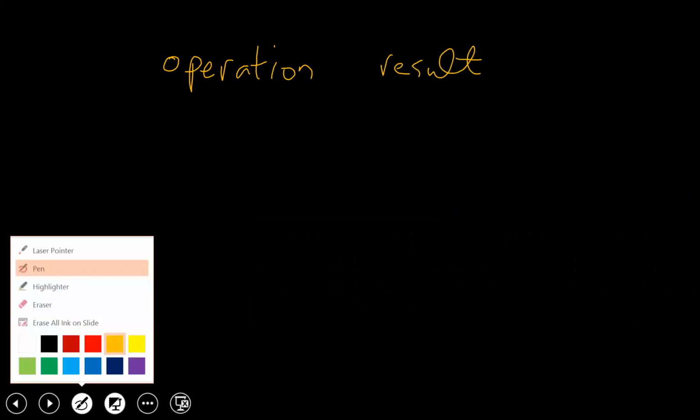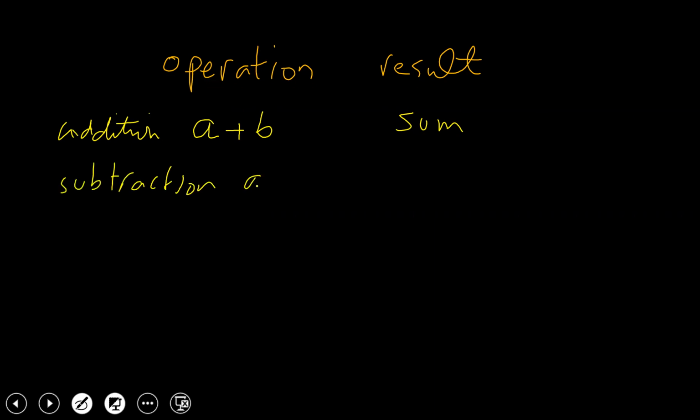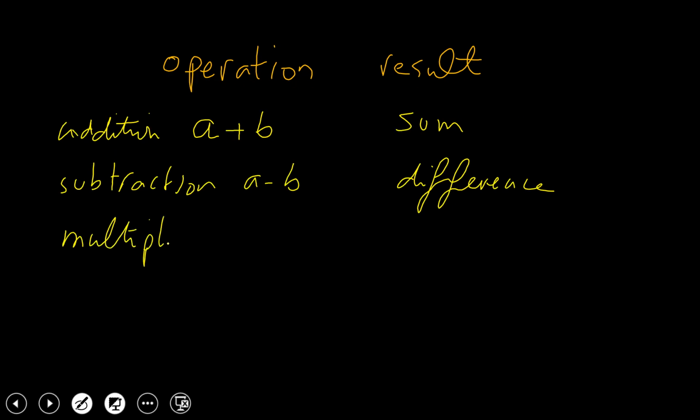Do you remember at the beginning of the year, in the first session, I told you about the operation and the result? The operation a plus b, adding two real numbers, addition, the result is called the sum. Subtraction of two numbers is called the difference. Multiplication is the operation, but the result is called the product.